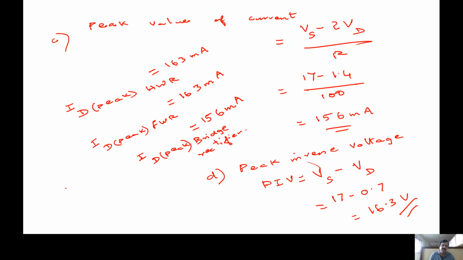Now think about this peak inverse voltage. Peak inverse voltage for the half wave rectifier is 17 volt, Vs itself. For the full wave rectifier, you got 33.3 volts.